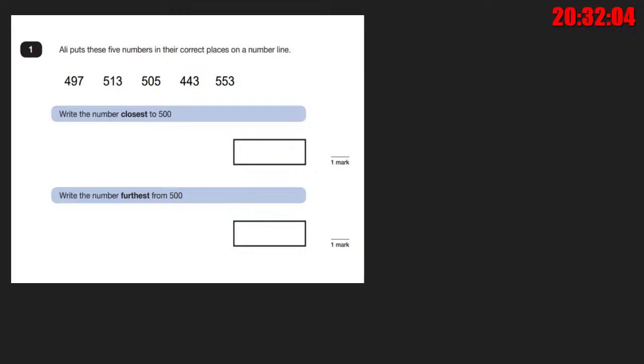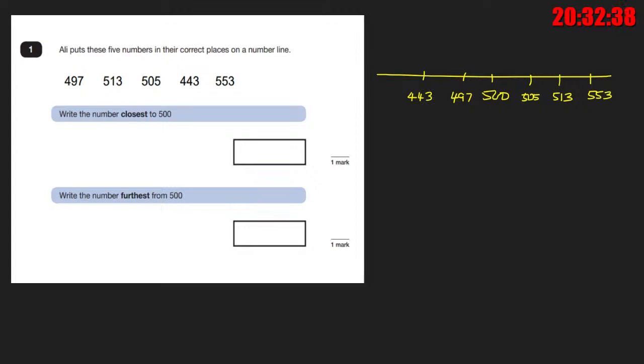If you put everything on a number line, 500 is going to be here, 497 is somewhere here, 505 is going to be here, 513 is going to be here, 553 is going to be here, and one more number, 443, is going to be here.